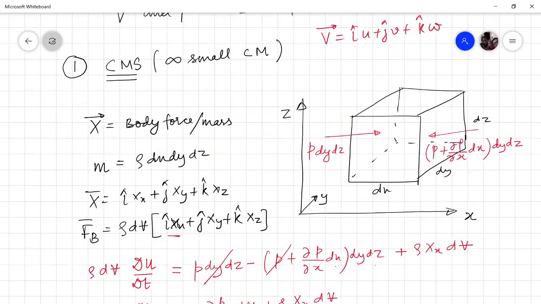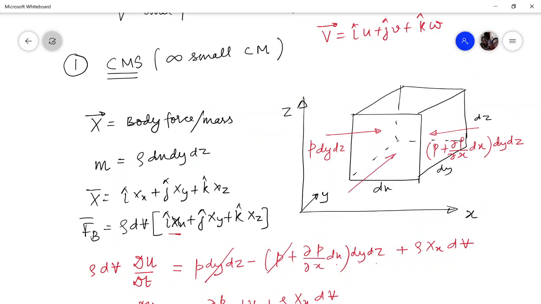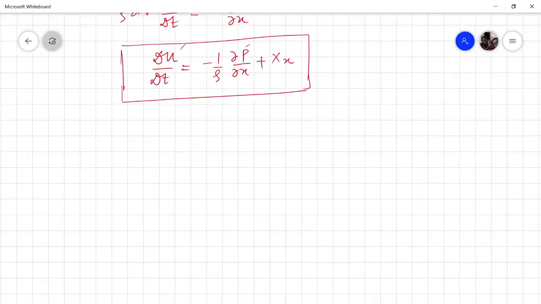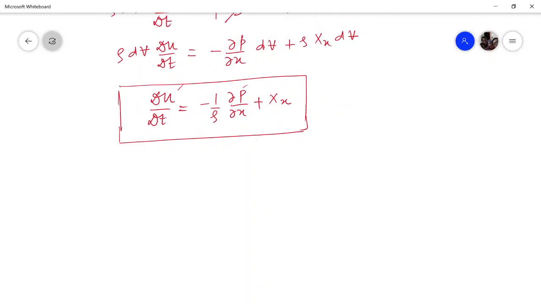If you do the same exercise for the y direction, this is P dx dz, and after a distance of dy, from Taylor series expansion, it is ∂P/∂y dy times dx dz. So the net pressure force acting along the y direction on this particular fluid mass will be P dx dz minus (P plus ∂P/∂y dy) dx dz plus the body force, which is rho Xy dV.